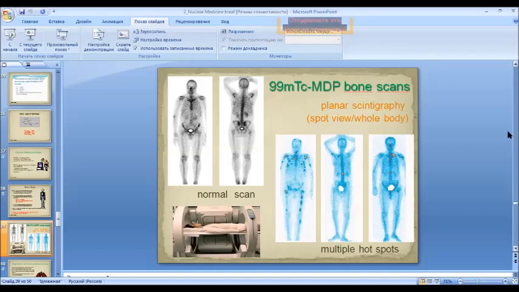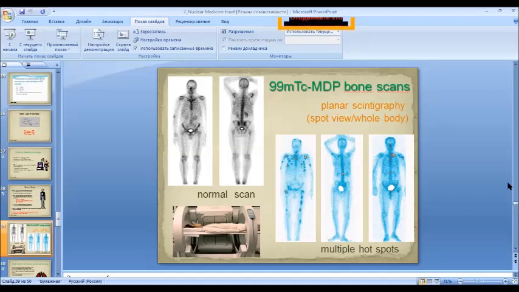You see the normal bone scans where uptake of radioisotope is equal in all parts of the skeleton, and on the contrary, scans with multiple hot spots, which show us sites of bone metastasis from some primary tumor.